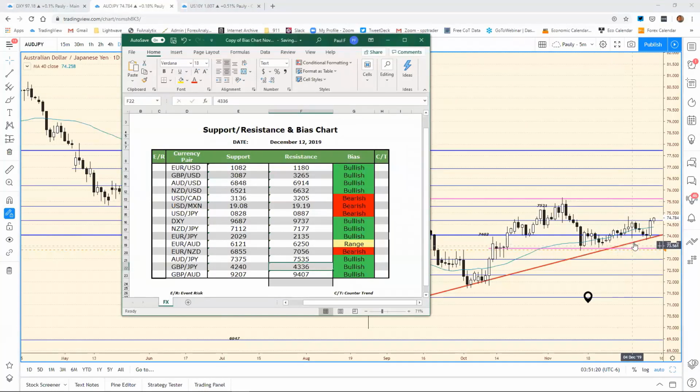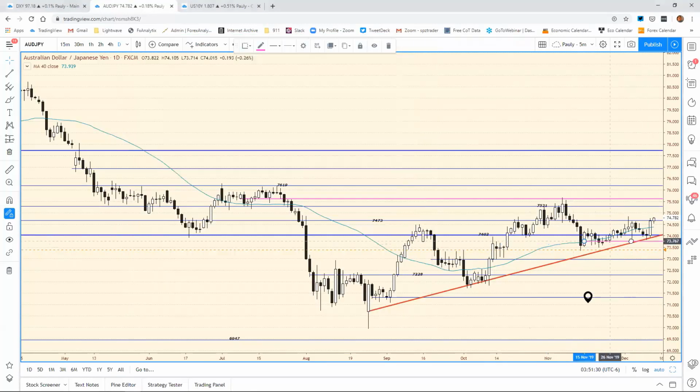Support, I don't know if I want to go all the way down to 74 cents at all. So I'm actually going to move support to right there, 74.29.